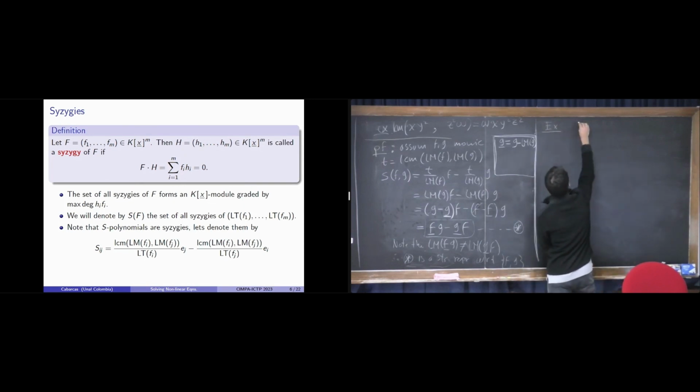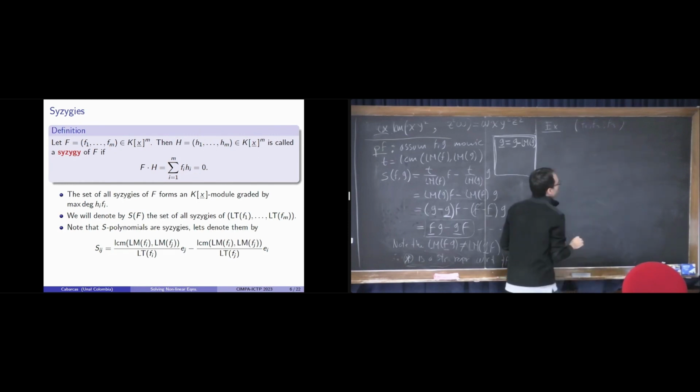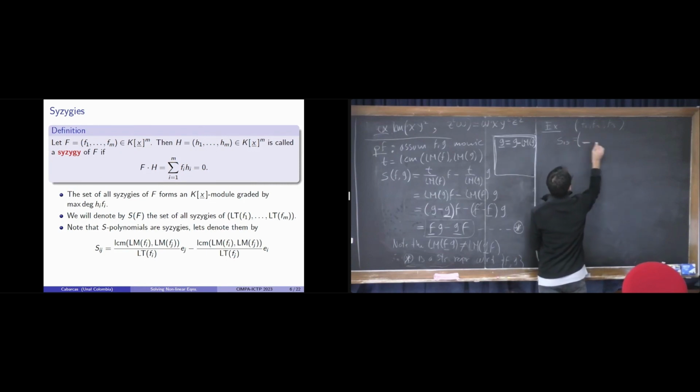This is important to make sure we understand. Let's suppose we have three polynomials, F1, F2, F3, and we are talking about S13, for example. So S13 has something in position 1 and something in position 3, and a 0 in the middle. What does it have in position 1?